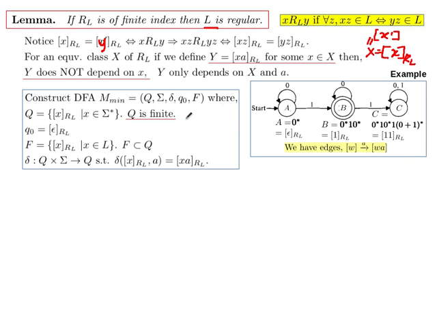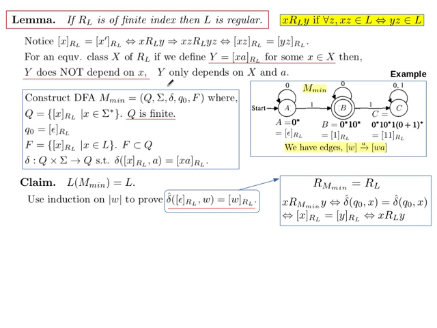Okay, so this is the formal description of the thing that we explained via an example before, but this is the formal construction for any general case. Now, as I said, we will prove that the language for this automaton is L, right?